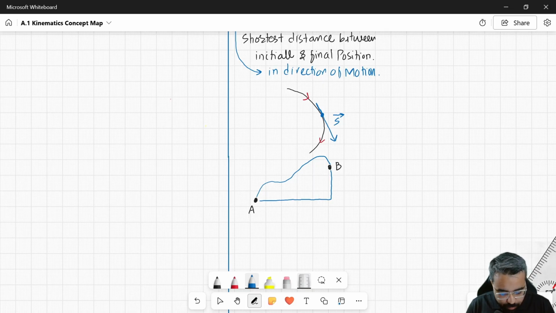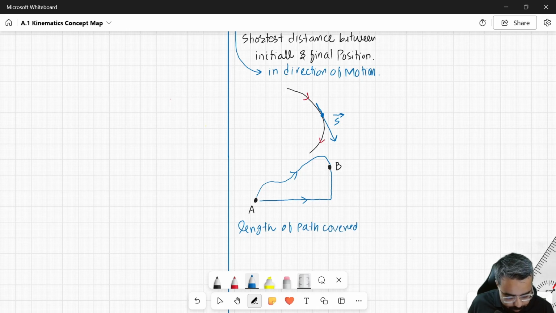The length of the path covered is called distance. Let me write it. Length of path covered is distance, because distance is a scalar quantity, but displacement is a vector quantity. So what will be the direction of displacement? From the initial position to the final position, and that is the displacement vector.